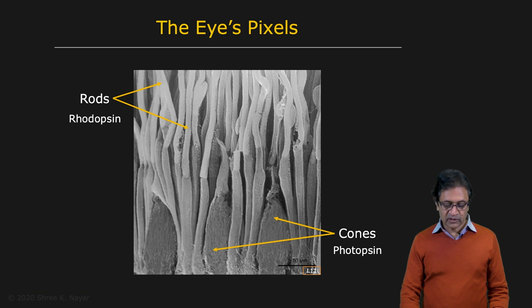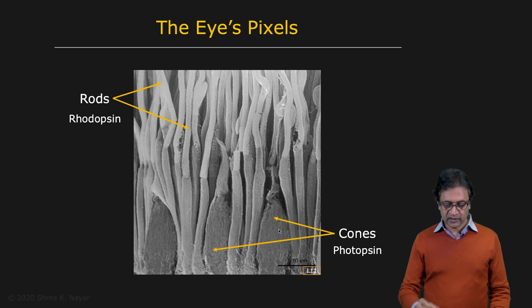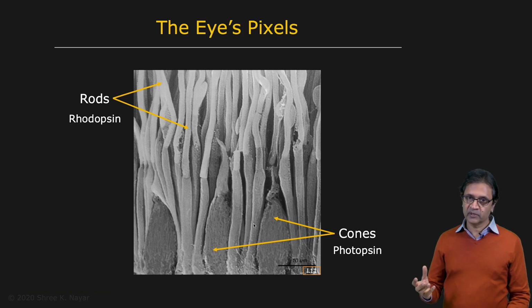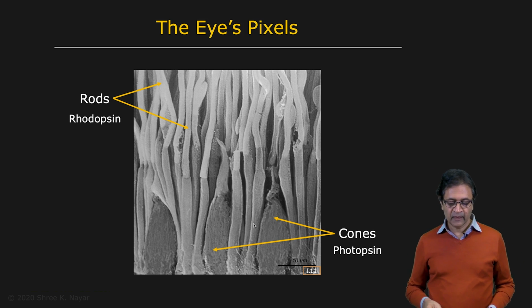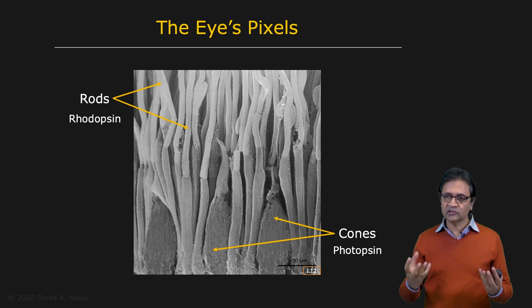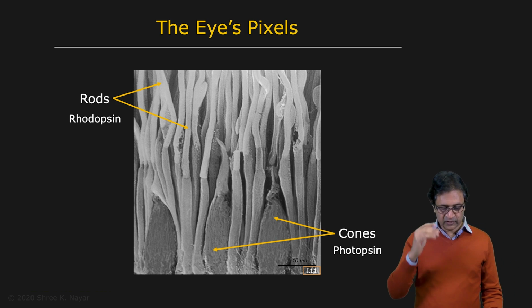The cones, when there's plenty of light, are able to discern the colors of various things in the scene. And so vision using rods is called scotopic vision, and vision using cones is called photopic vision. These are two different modes that the eye operates in. And once they measure something in terms of photon flux, they send this as nerve impulses down the optic nerve for further processing.